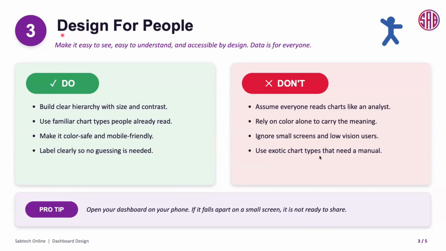So that's what it means. Don't ignore small screens and low vision users. Don't use exotic chart types that need a menu. Those are the charts I've been talking about. I'm going to show you those charts in Power BI. There are very many, but the moment you use them, just make sure that the users can understand them.